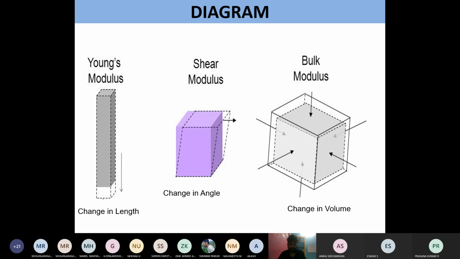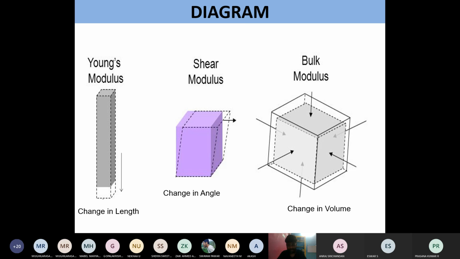When we apply equal forces, not unequal force, the same equal force is applied on all the sides of the rubber cube. We can see the deformation: the size will reduce. The shape will not be changed. So this is the bulk modulus. So this is a difference.